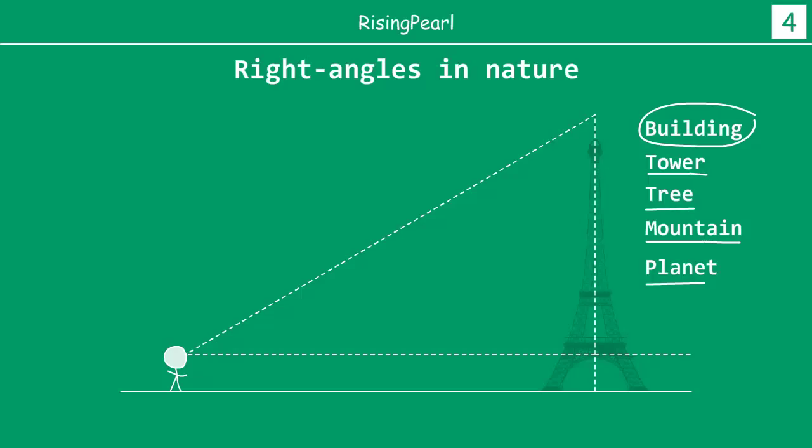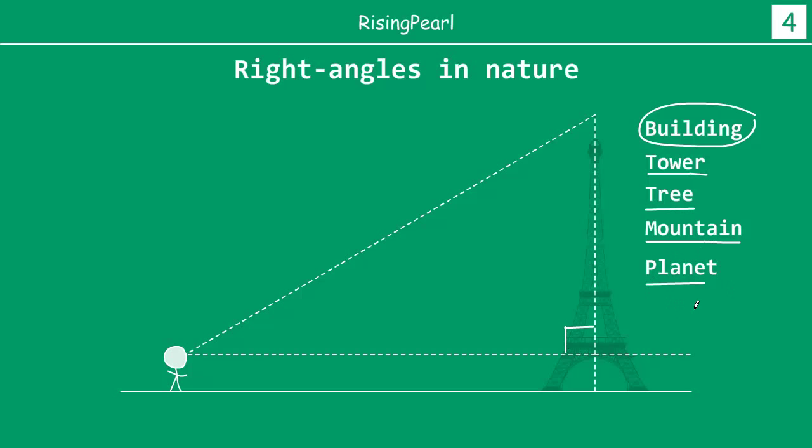Most of these things, when we look at them in relation to where we are located, we look at them straight, and they basically are at 90 degrees, right?